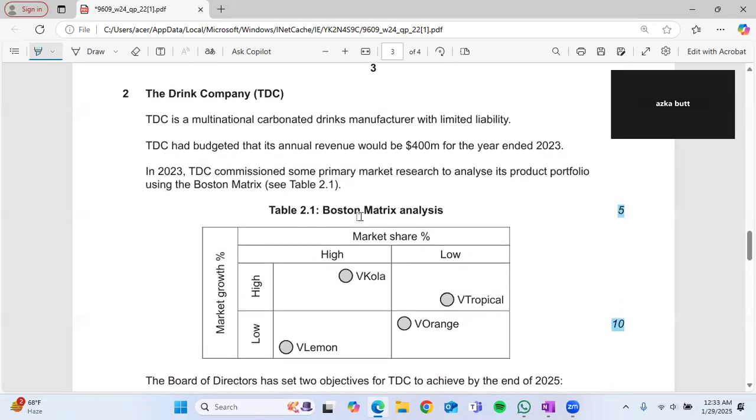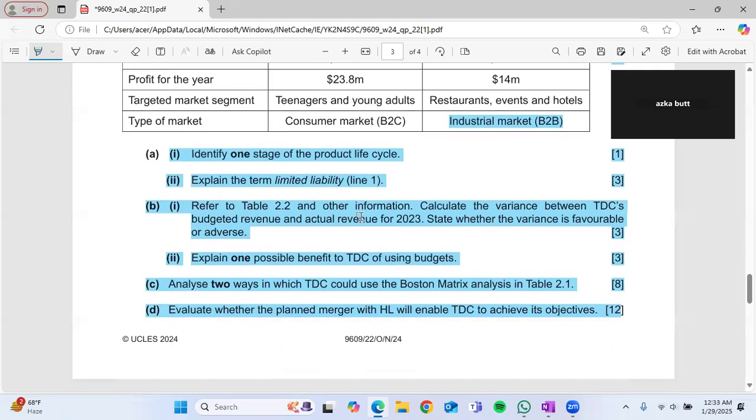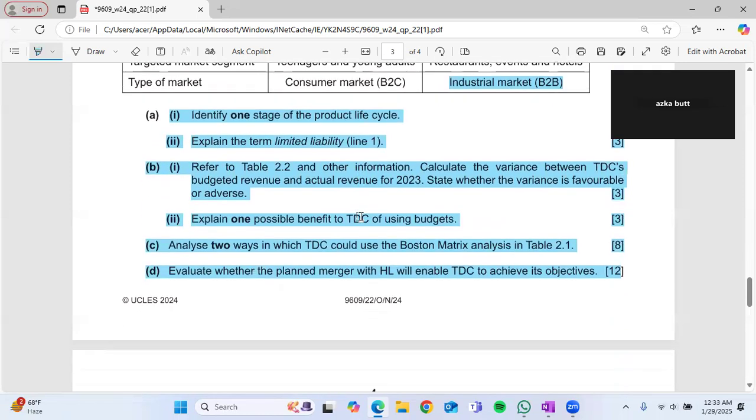Okay. So as you can see that we have information of budgeted and annual budget and actual revenue. Okay. And we need to explain one possible benefit to TDC of using the budgets.